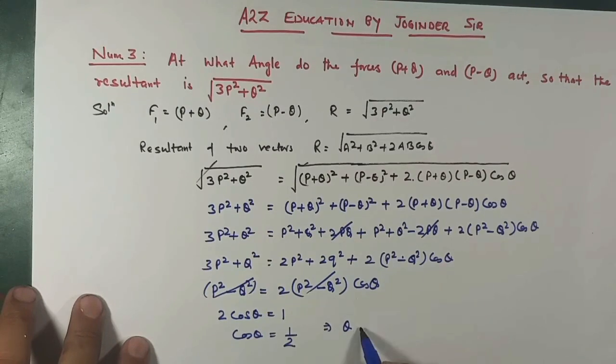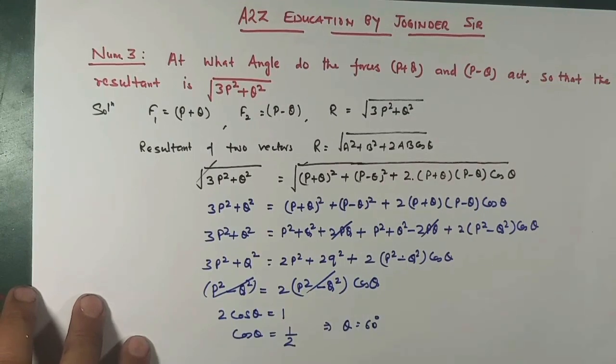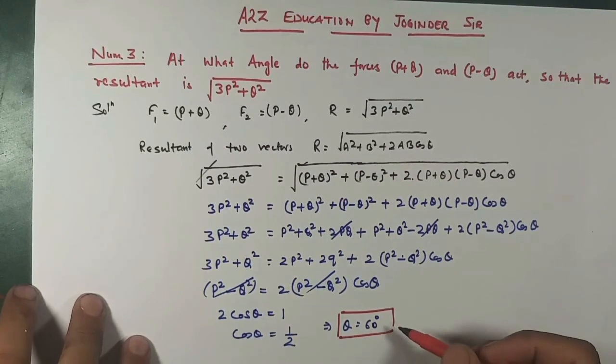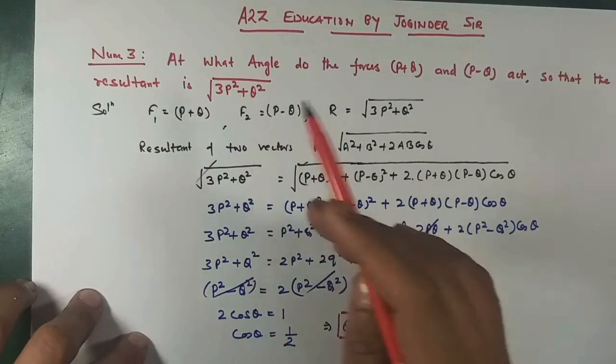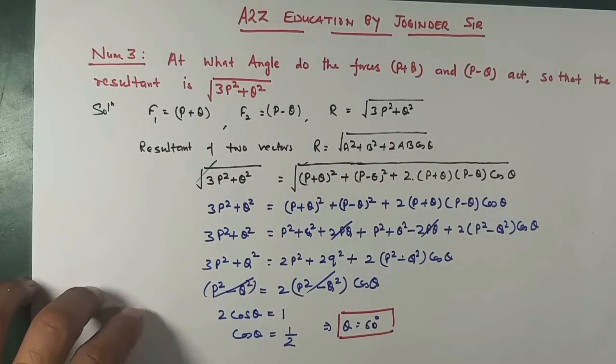It implies theta is equal to 60 degrees. So that is the required answer. So the two forces must be inclined at an angle of 60 degree when their resultant is root of 3P square plus Q square. Clear, students?